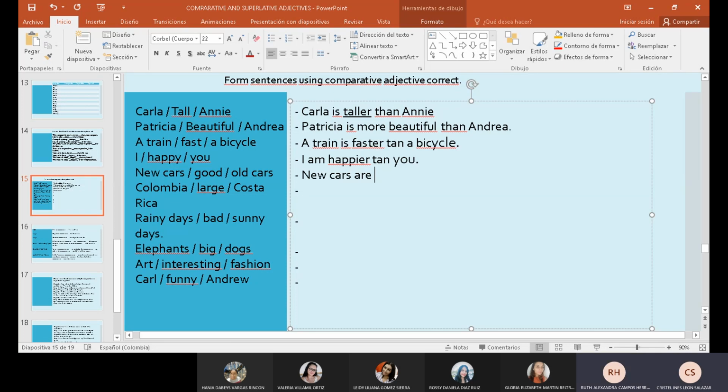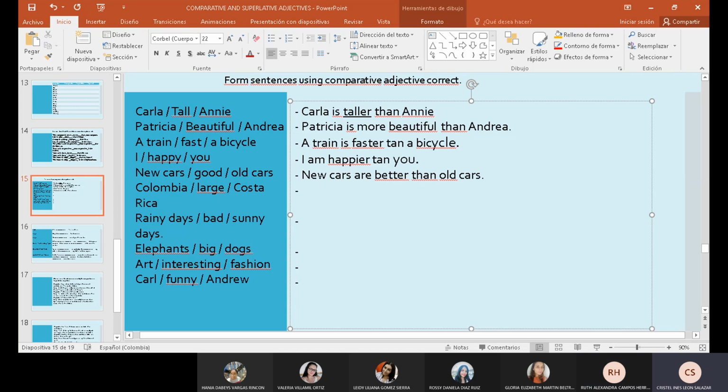Okay, new cars are better than old cars. Better is the comparative of good, and the best is the superlative of good. Thank you, Ruth.